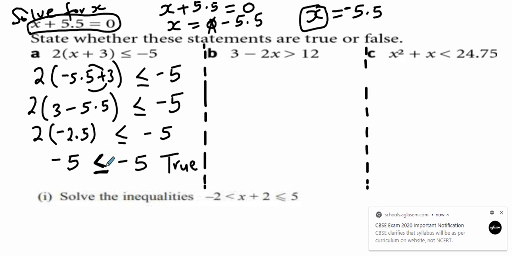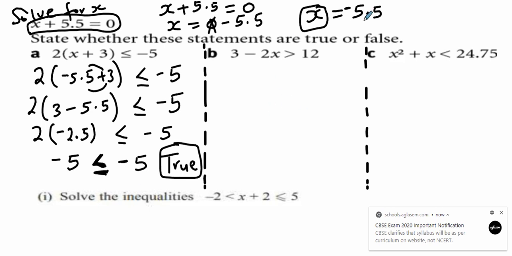One is less than: negative 5 is not less than negative 5. But negative 5 is equal to negative 5. So this statement is true.